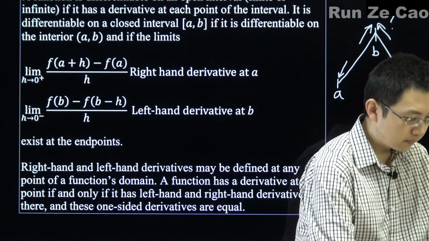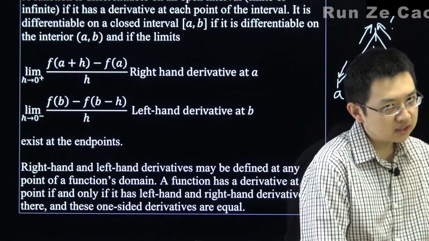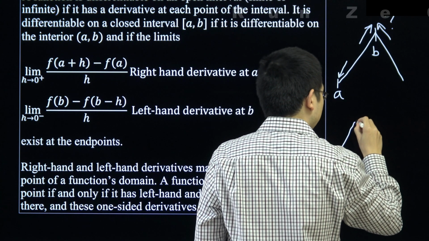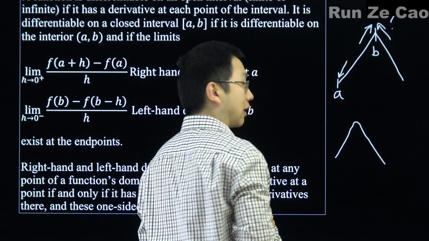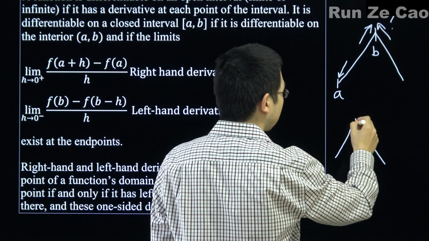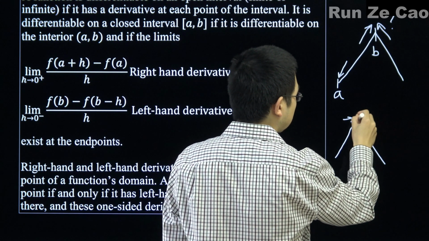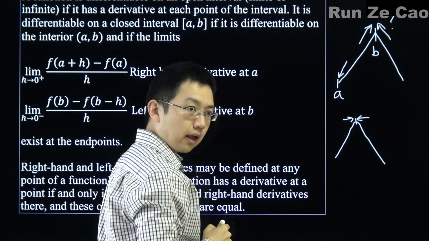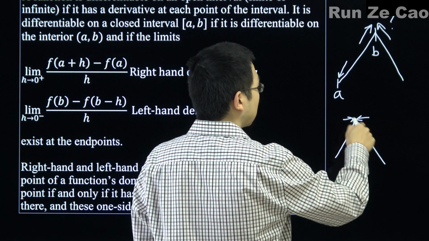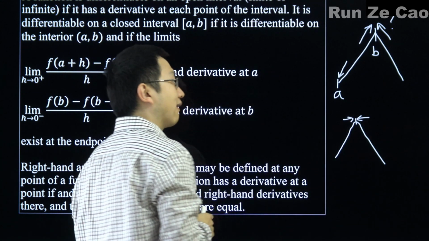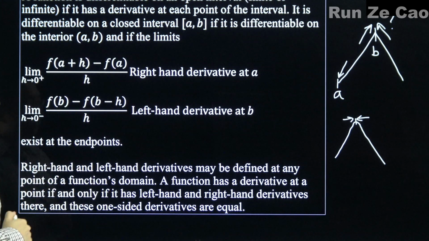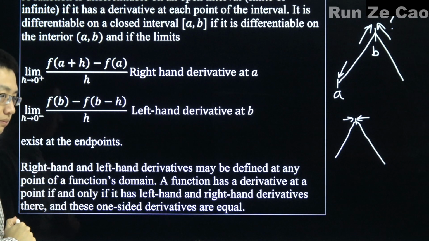Okay. Now what happens if instead of this sharp turn, we had a however tiny smoothed turn? Then we would have a left-hand derivative and a right-hand derivative, and they would be equal. So this would be differentiable at this point. It would have a derivative at that point.